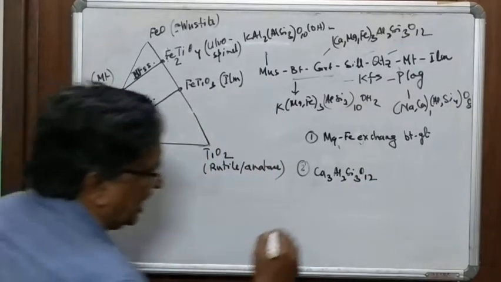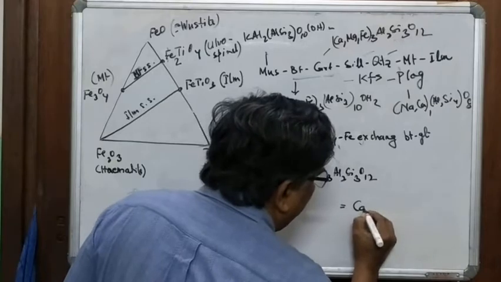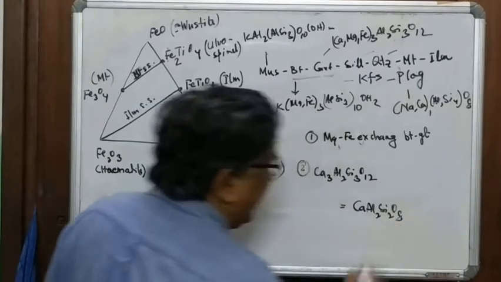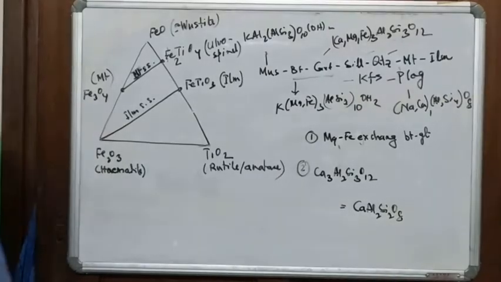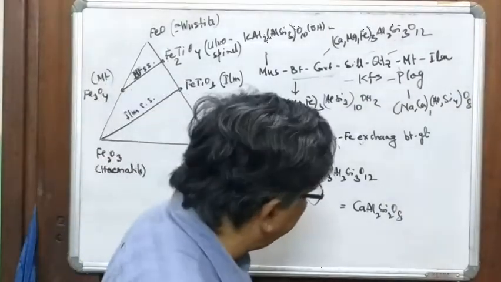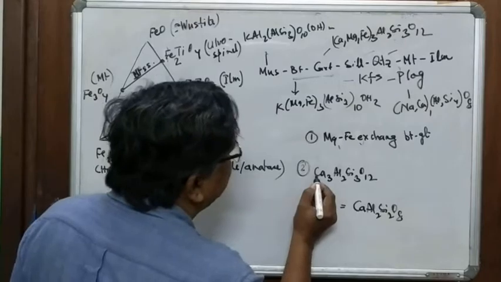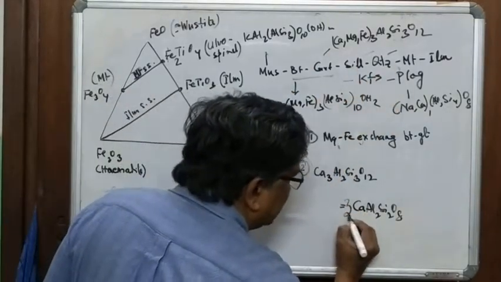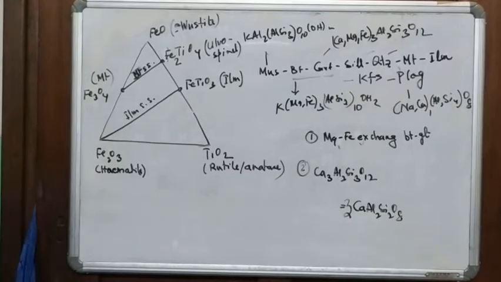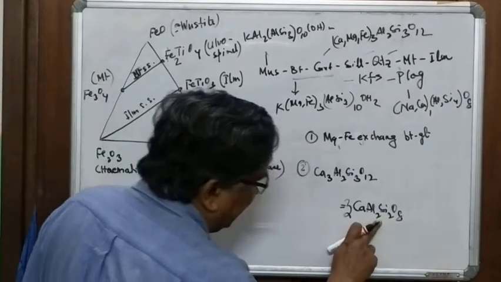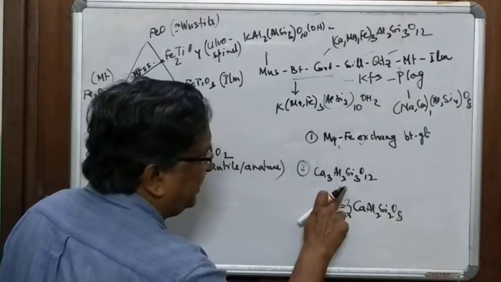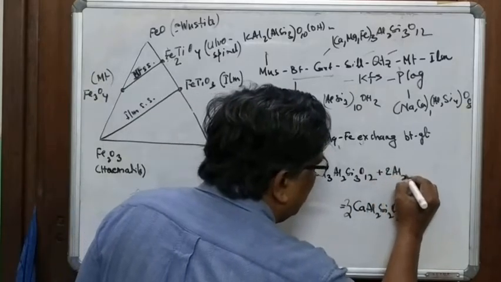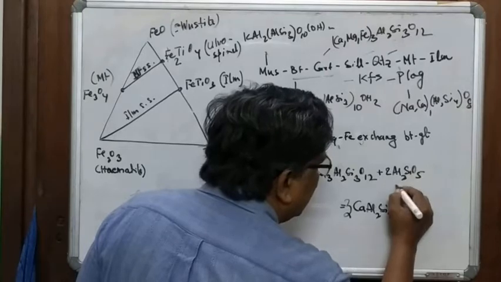And on the other side, of course, you have to have CaAl2Si2O8, the anorthite component in your plagioclase. Balancing calcium, because there are no other phases which involve calcium, you actually have 3CaAl2Si2O8. And then you will have 6 aluminium here plus 2 aluminium here. Now you can balance it with 2Al2SiO5, or sillimanite.